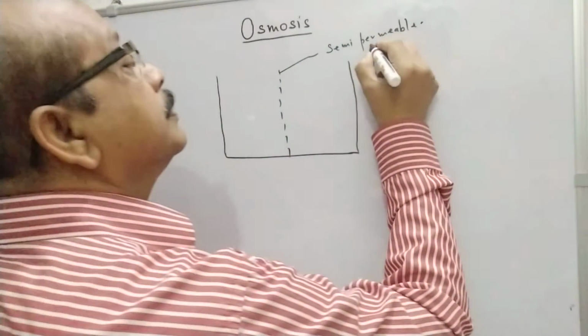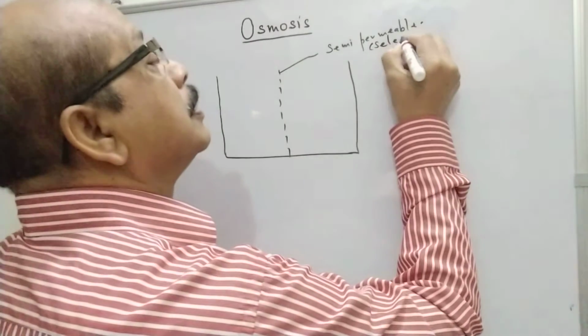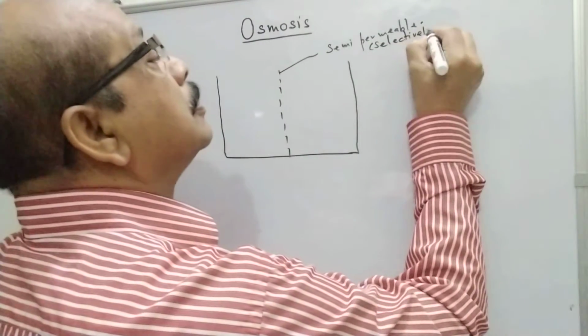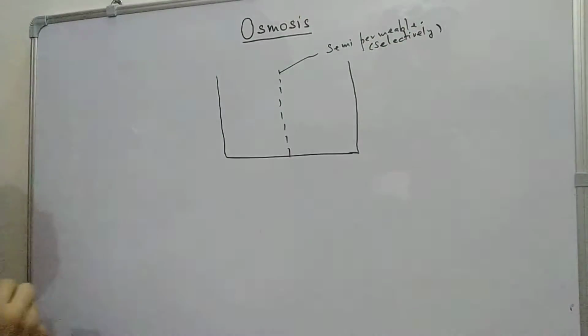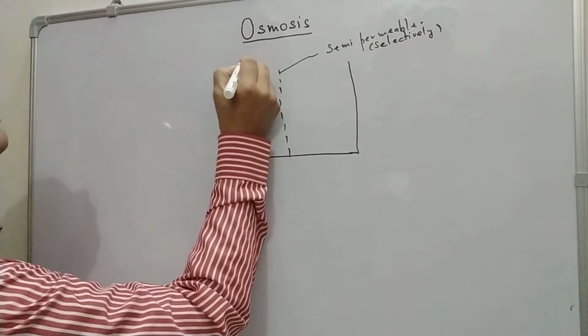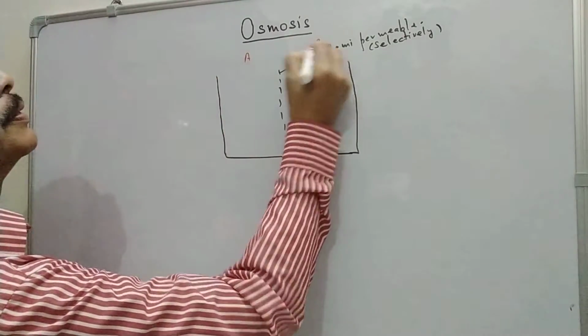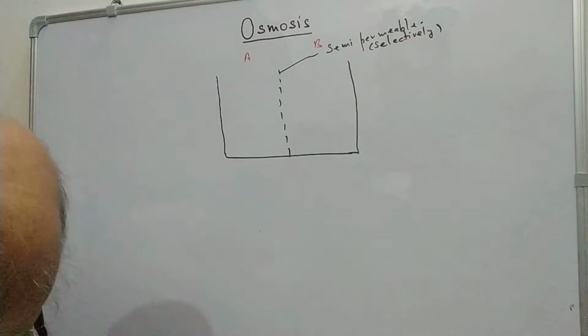Semi-permeable is also known as selectively permeable, right? Now this is A side and this is B side.